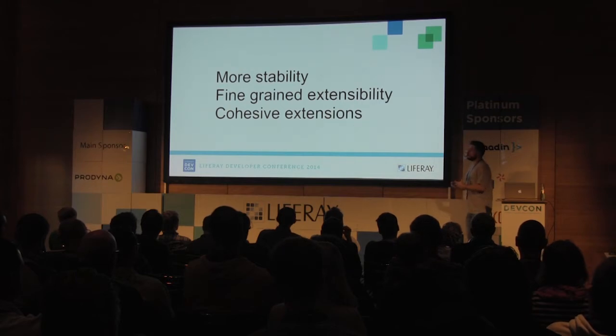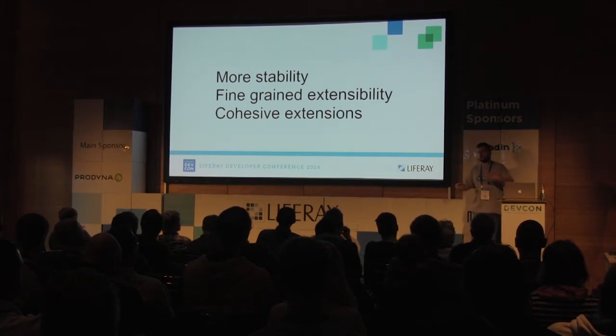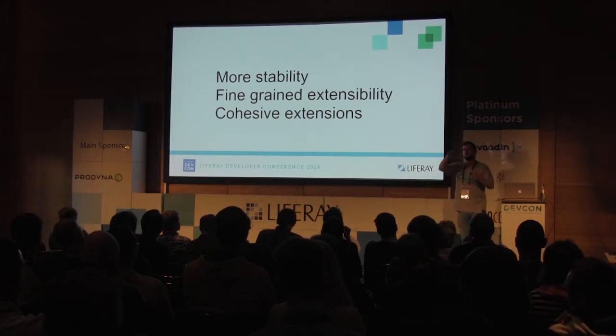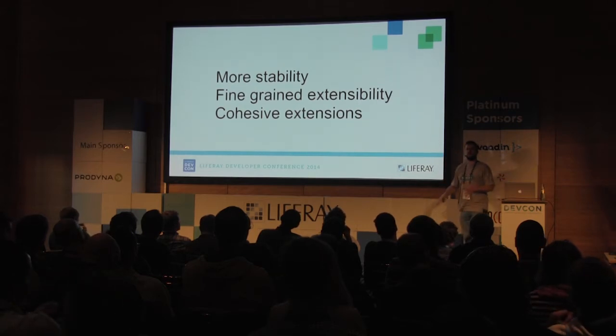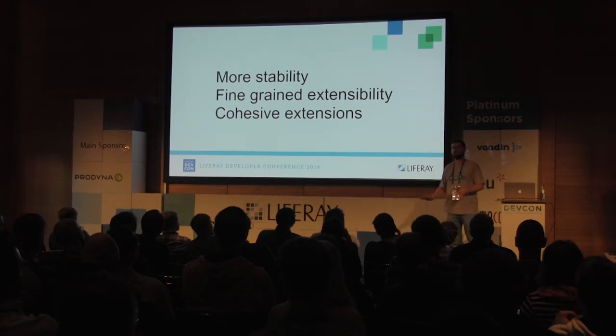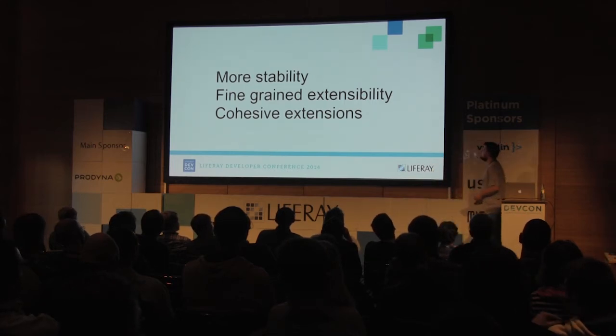And we also want to provide a way to install cohesive extensions. Like, I want this package to be installed and change several different aspects of different views in an easy way, so I can either install it or uninstall it and everything will just work, right?